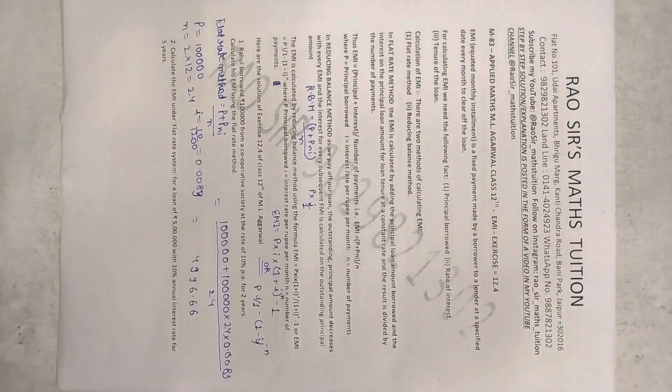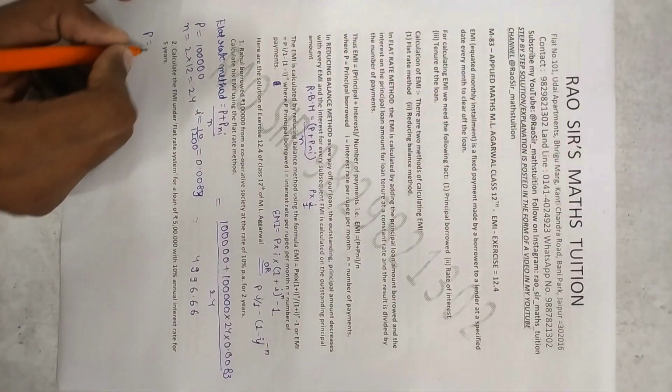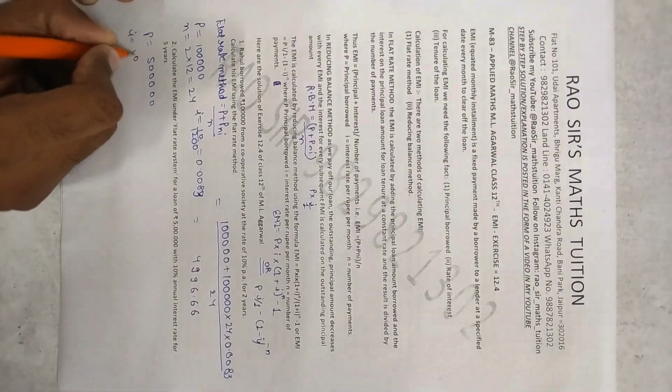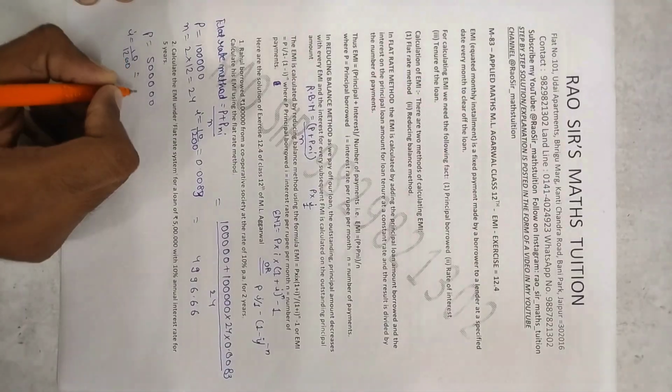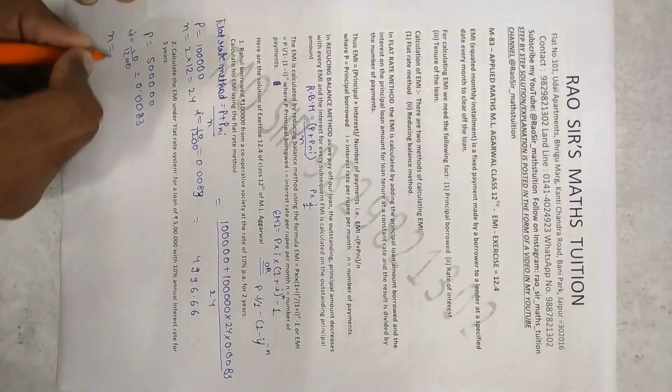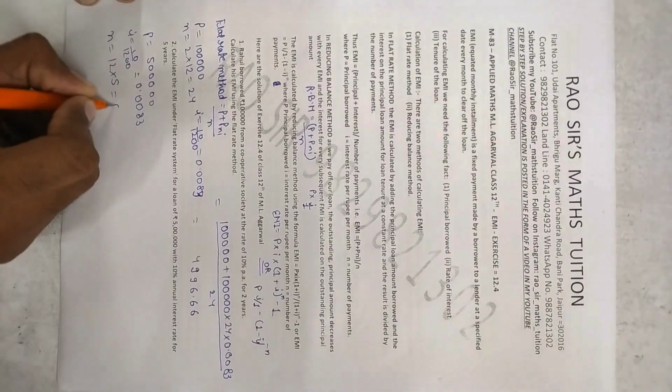Calculate the EMI under the flat rate system for a loan of 5 lakh with 10% annual interest rate for 5 years. So here P is 5 lakhs, I is 10 upon 1200 which is 0.0083, and N is 12 into 5 which is 60.